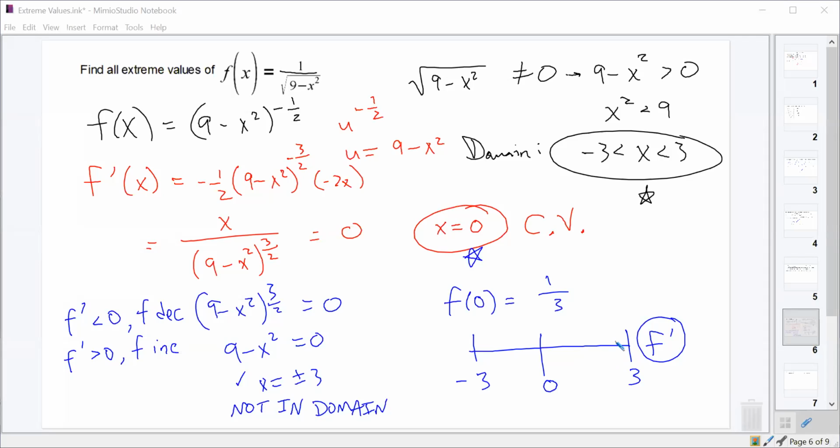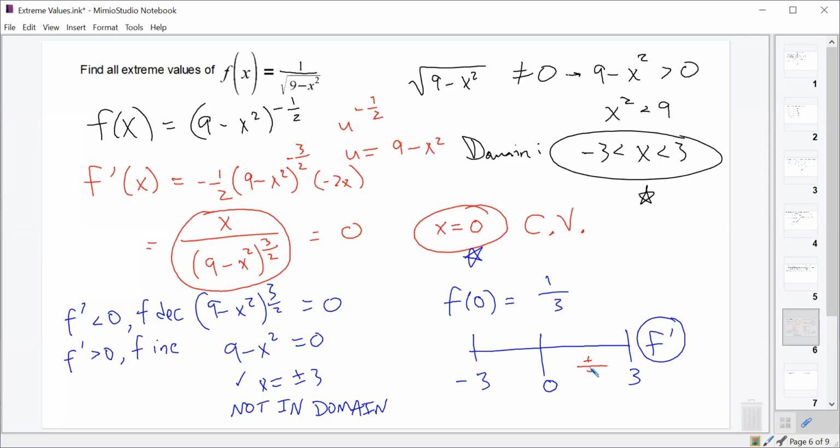All right. If I were to plug 1 into my derivative right here, do I get a positive or a negative number? So the numerator would be 1, which is definitely a positive, right? And then we're going to divide that by, let's see, 9 minus 1 is 8, that's positive. And the square root of 8 is positive, and the square root of 8, which is positive, cubed is still positive.